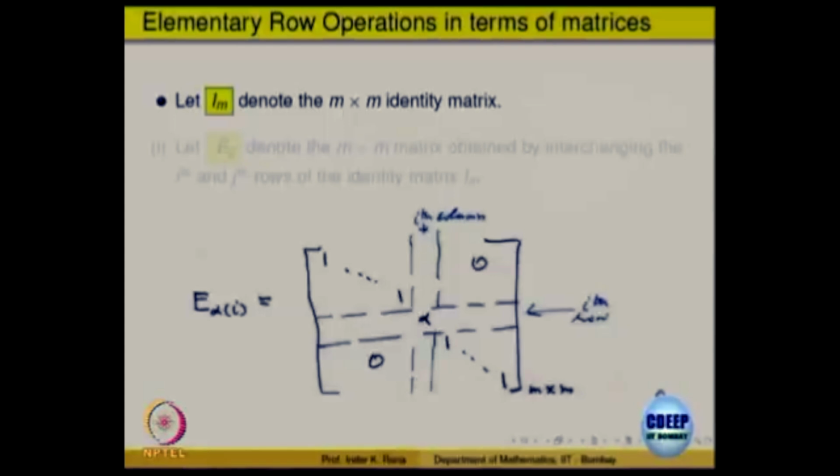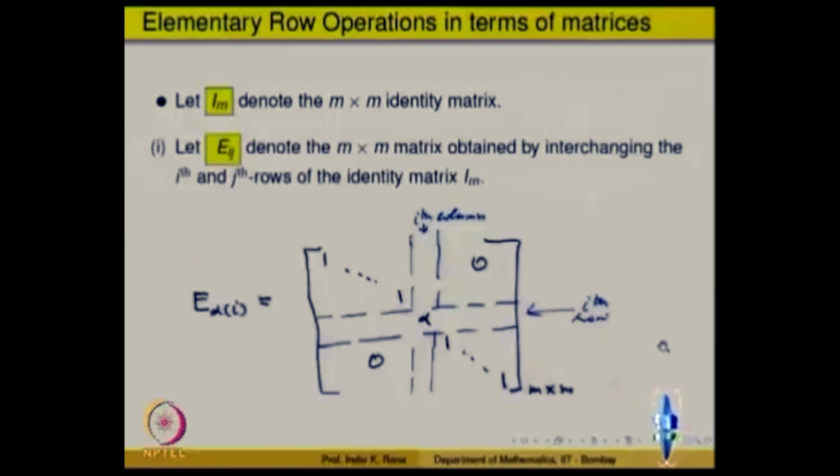So we are describing now the elementary matrices, which are going to do the same operations as you say interchange, add one row to another, or multiply a row with another one. To do that, we start with an identity matrix, M cross M, any identity matrix of order M cross M. What you do on this identity matrix, do the operation that you want to do.